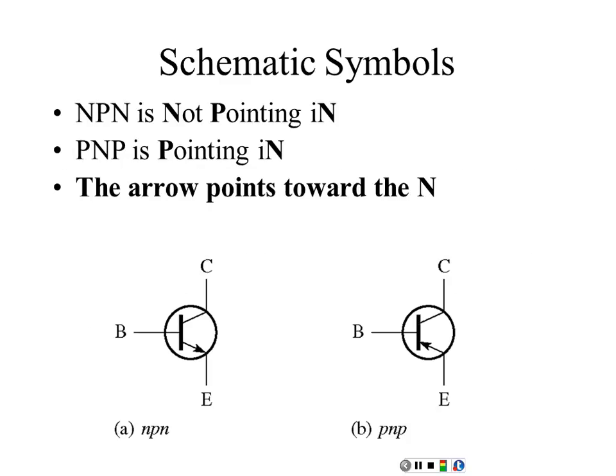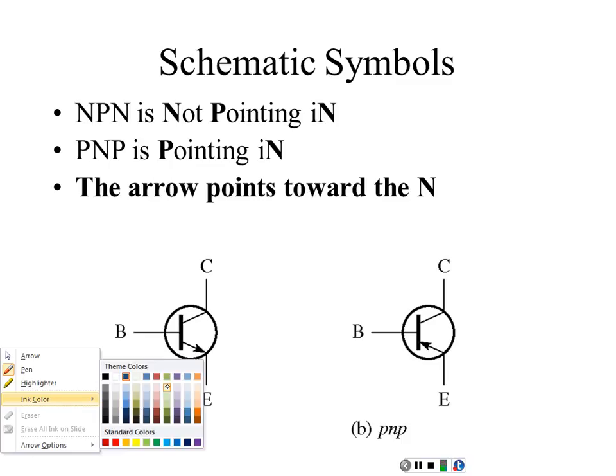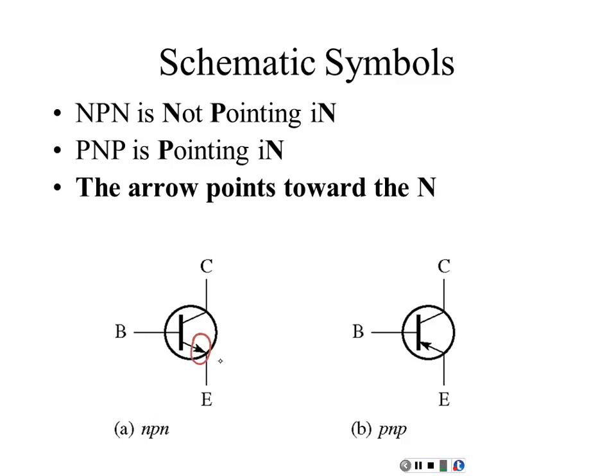So here are our two electronic symbols. What determines the symbol is the direction this arrow is pointing right here. This arrow is not pointing in. As soon as you say not, you're identifying the emitter. So this is not pointing in, so that's the symbol for what? Now I come over and look at this arrow.